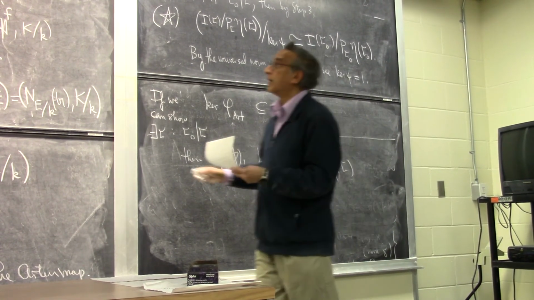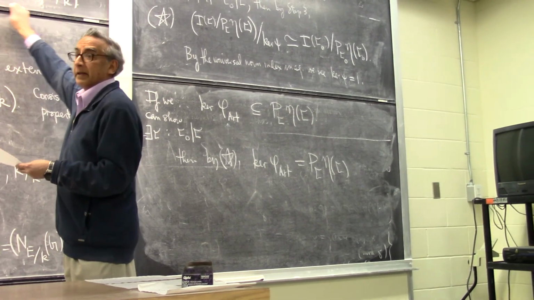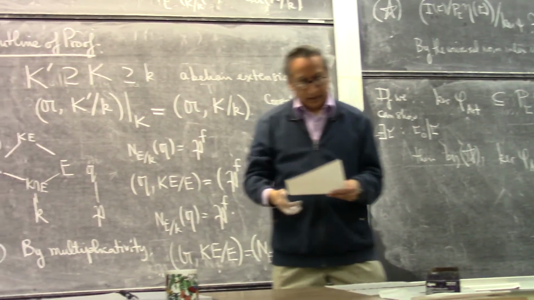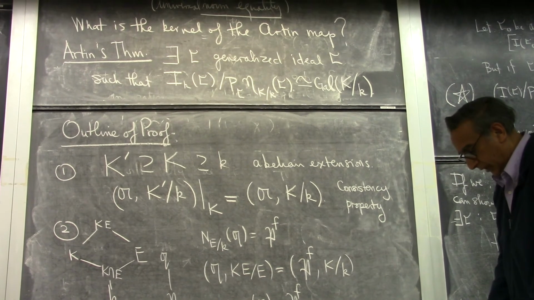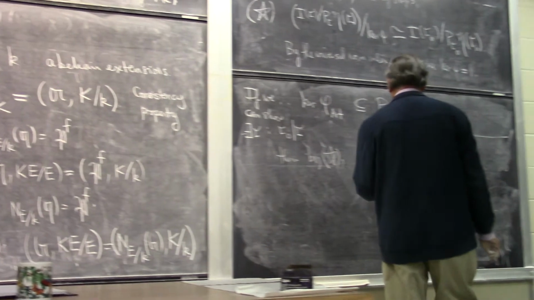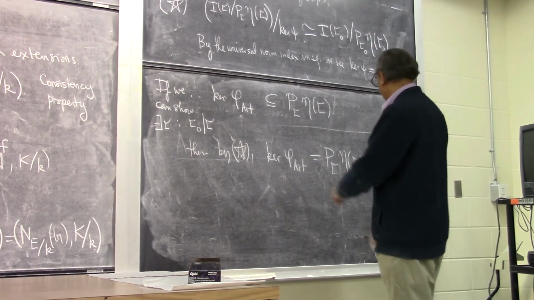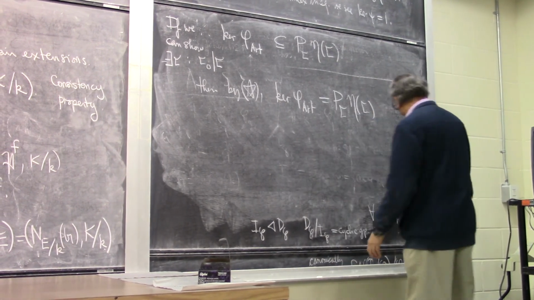Which is basically what I'm trying to say with respect to Artin's theorem, that there exists a C such that this happens. And so now the point is we've reduced the question to this situation, and there are a few more steps. A few steps, let me just try to indicate how they are and then stop.